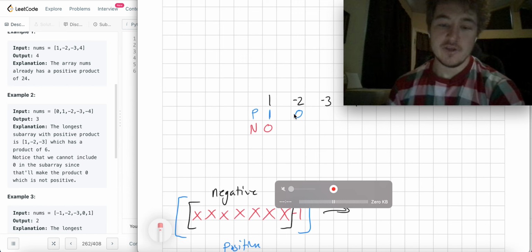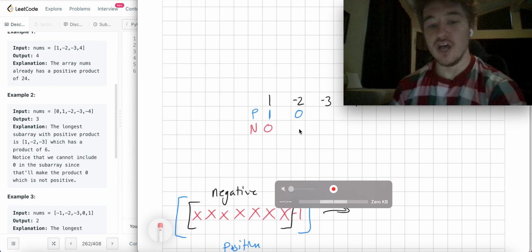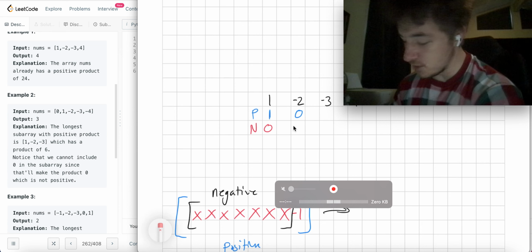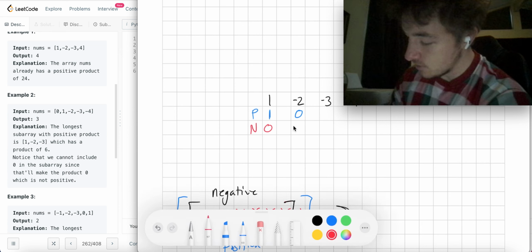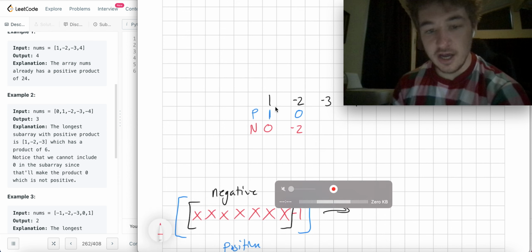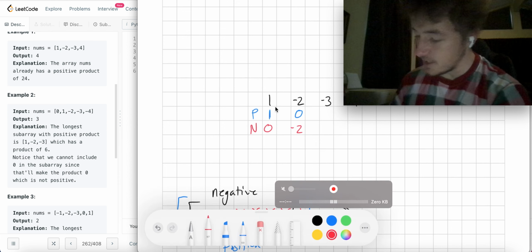Because there's nothing that I can make. There's no positive subarray I can make at this point, right? Because the previous negative array is 0, so I can't attach myself to it. The longest negative subarray here is actually 2. Right? Because with a similar case, the longest positive subarray, so if we did this another example, right?